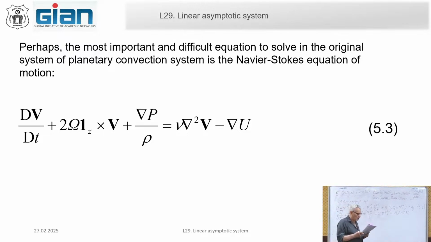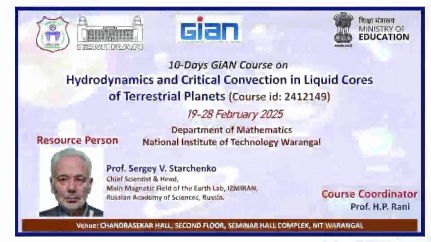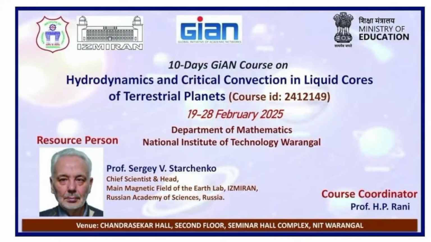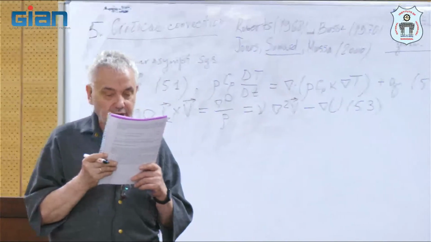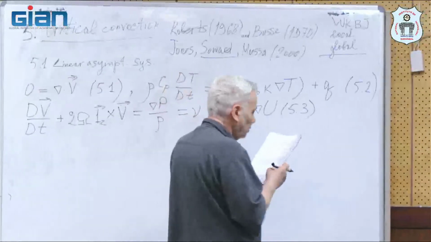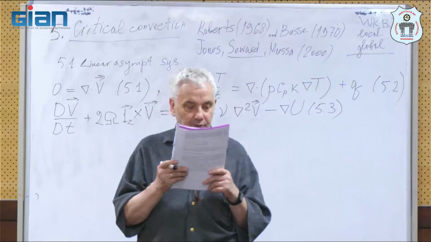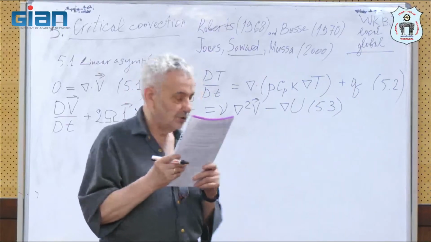The centrifugal acceleration in 5.3 is neglected, with an accuracy of order 0.5%. So we just don't write it down, in comparison to the standard gravity acceleration.